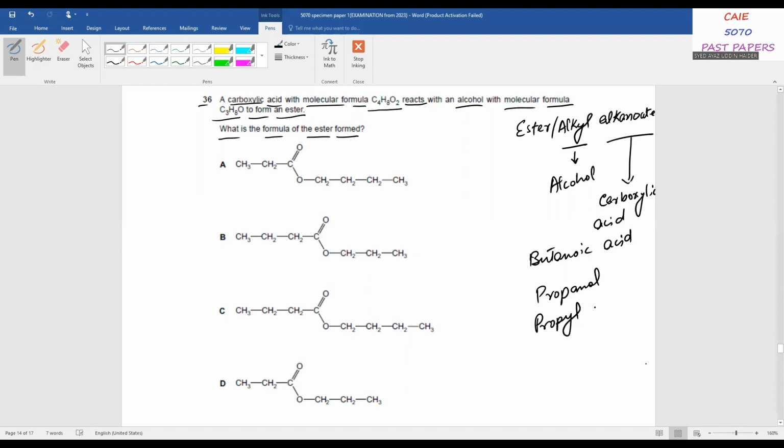Propyl butanoate. In propyl, you have 3 carbon atoms. In butanoate, you are having 4 carbon atoms. So from the alcohol, you are getting alkyl group with C3. So look at the choices.